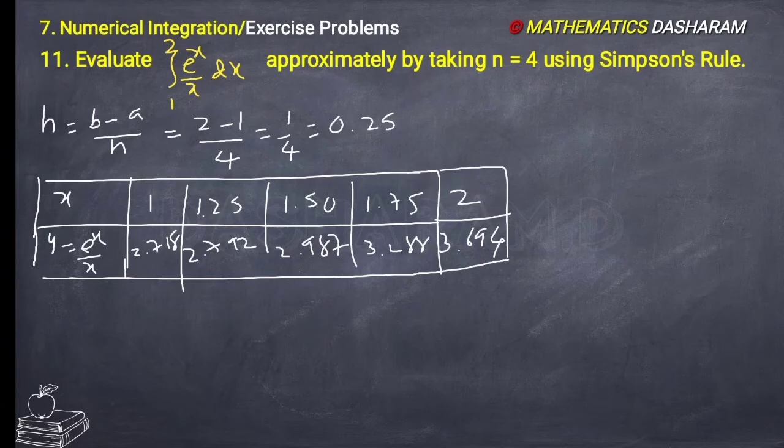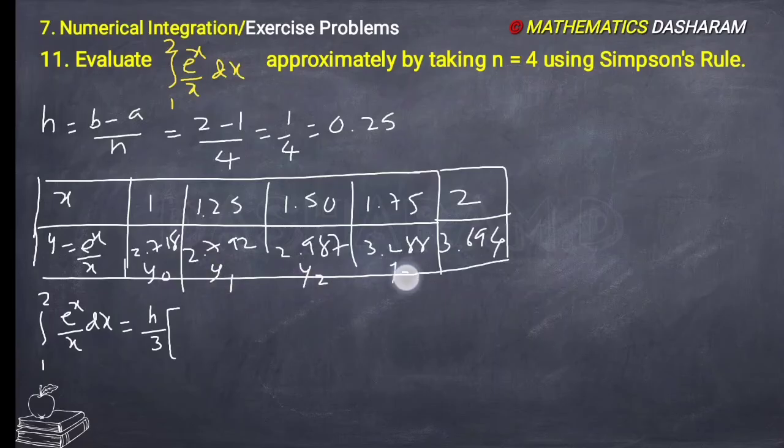So using the Simpson rule, the integration of 1 to 2 e power x by x dx equals h by 3 bracket of sum of the first and last ordinates. So here y0, y1, y2, y3, y4.